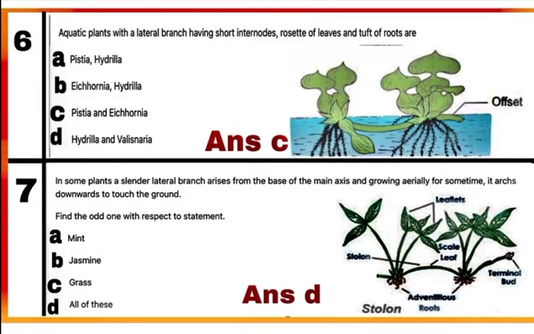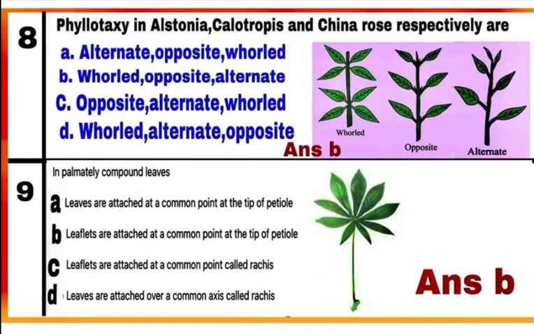This type of modification of stem is called stolon and is found in option A mint, in option B jasmine, but it is not found in option C grass. This modification is not found in all given plants. So, option D is the odd statement.